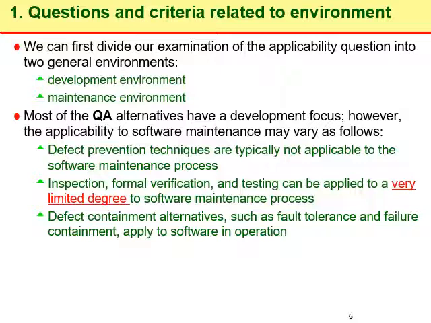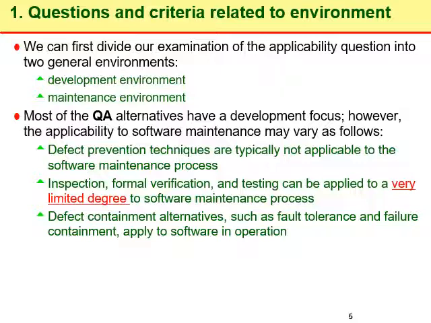Most of the quality assurance alternatives have a development focus. However, the applicability to software maintenance may vary in several ways. For example, first, the defect prevention activities are typically not applicable to the software maintenance process.